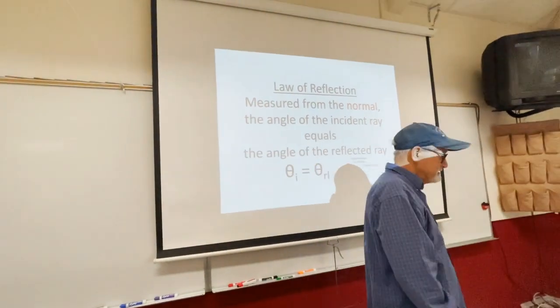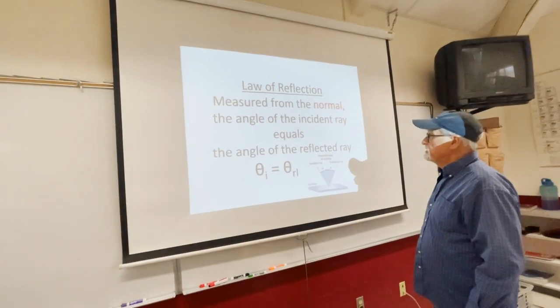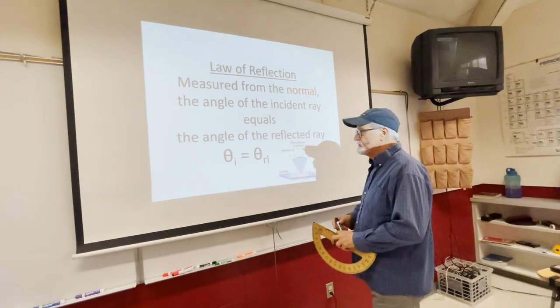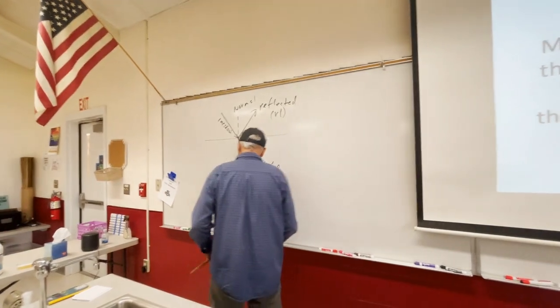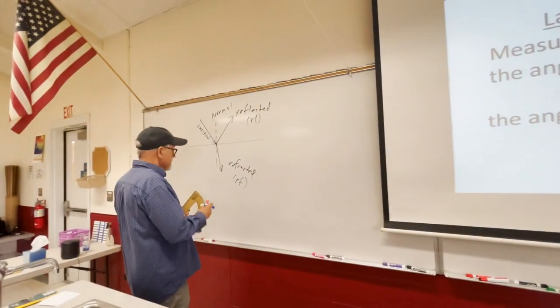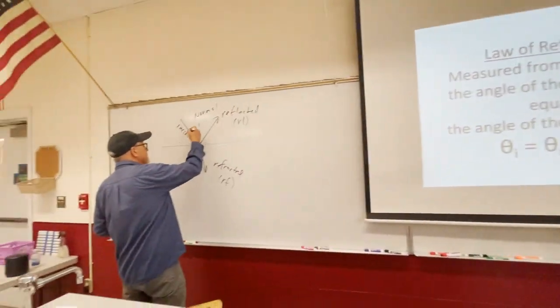Okay, the law of reflection says the angle of incidence equals the angle of reflection. You've got the incident ray comes in and the reflected ray goes out. And so, let's see, let's use red and blue here. The angle of incidence is measured from the normal.